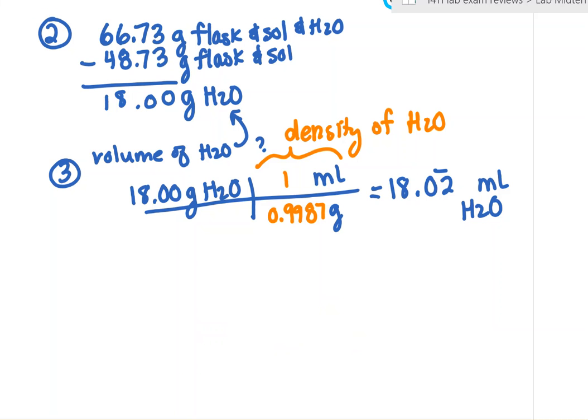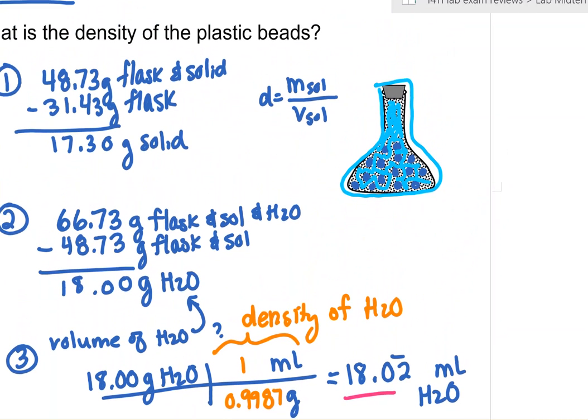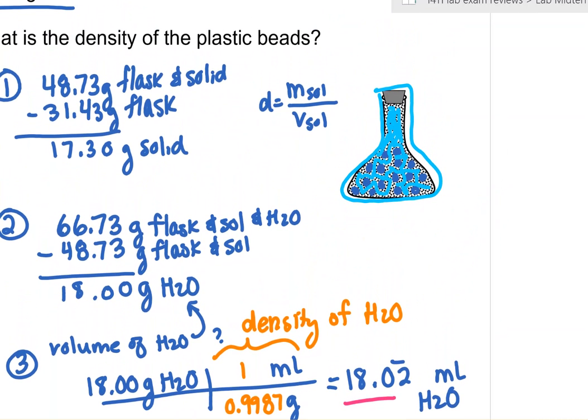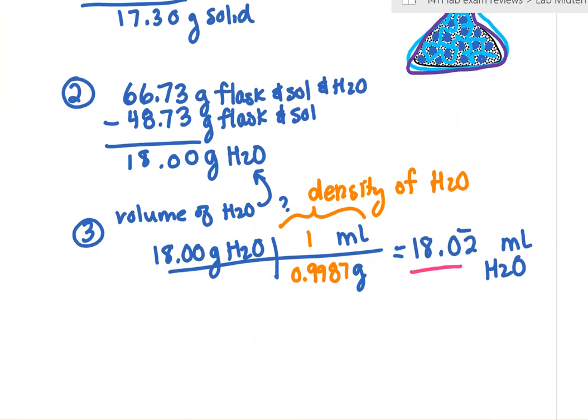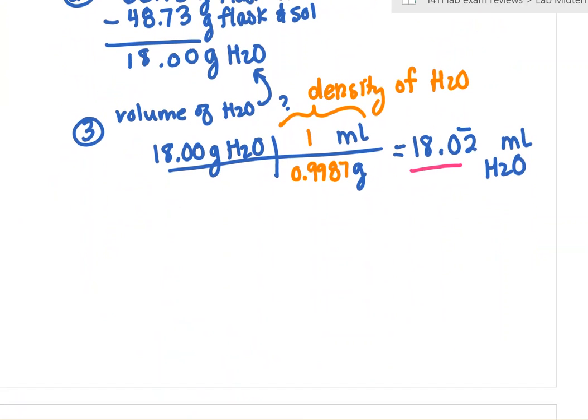Now we know the volume of the water, and that will let us get to the volume of the solid. That's because the entire flask is filled with solid and water. We know the volume of the entire thing. We've got the volume of the water, so we can subtract and get the volume of the solid.